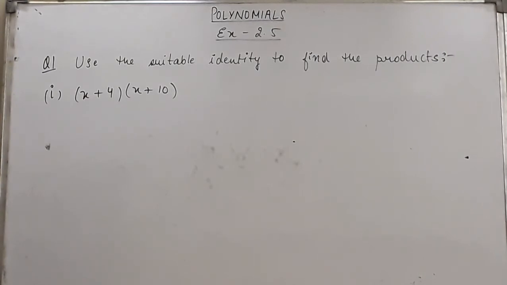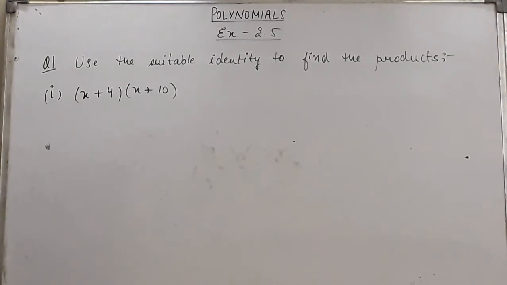In previous classes, you had already studied 4 identities. First one, (a + b) whole square. Second one, (a - b) whole square. Third one, a square minus b square. And the fourth one is (x + a)(x + b). In this part, you are using the 4th identity.